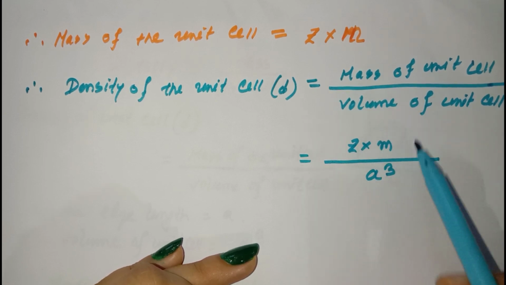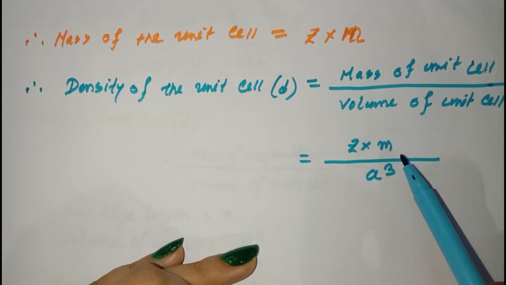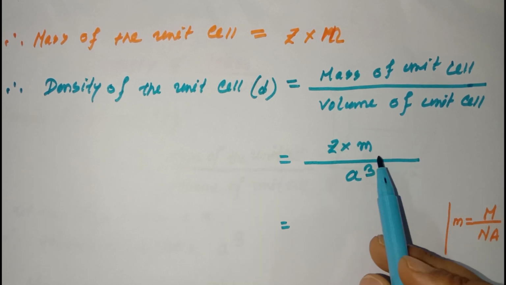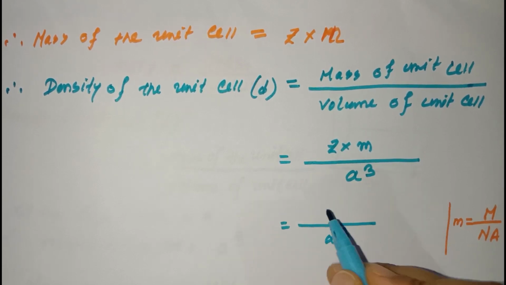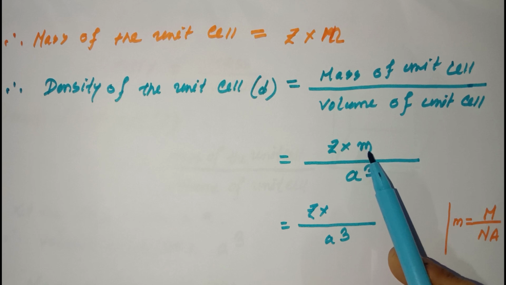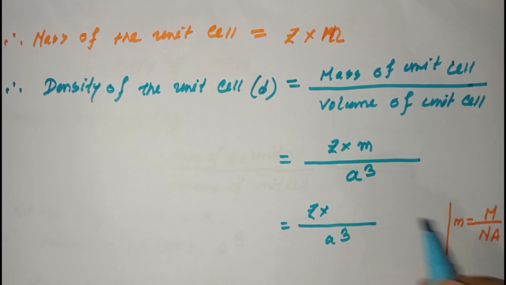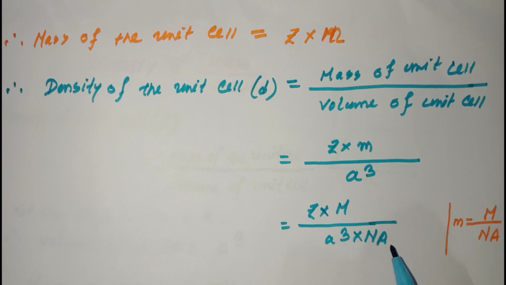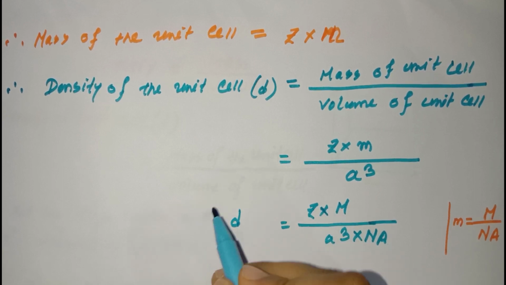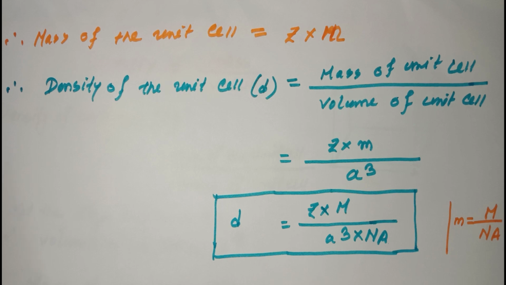Now putting the value of m, which is molar mass per Avogadro constant, M per N A. Therefore, d is equal to Z into M per a cube into N A. This is the formula to calculate the density of a cubic unit cell.